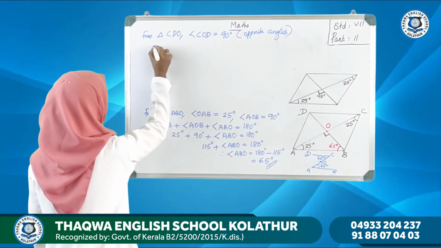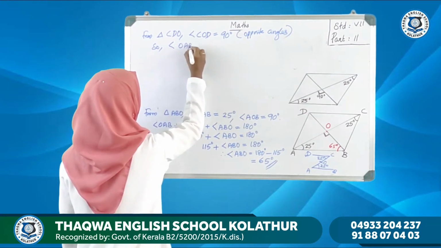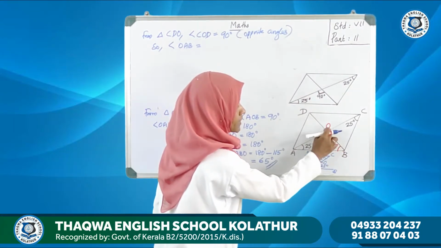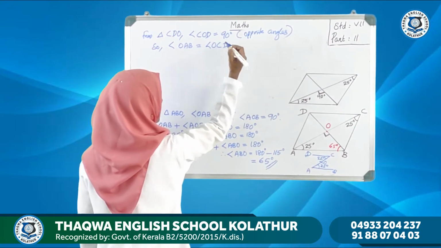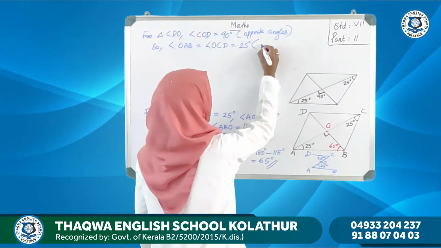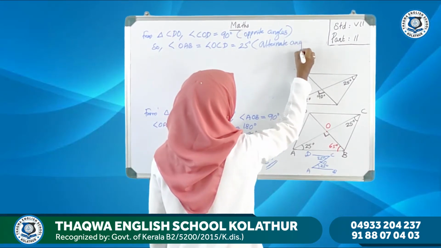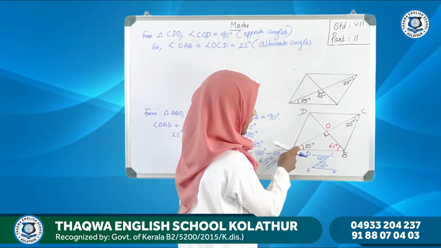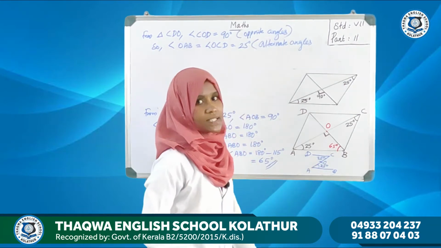So we can write angle OAB equals angle OCD. Angle OCD equals 25 degree. What is the reason? Alternate angles formed by the line AC meeting pair of parallel lines AB and CD.